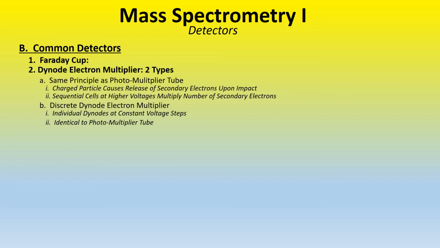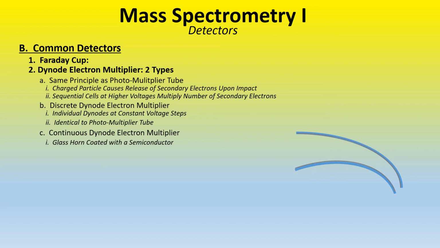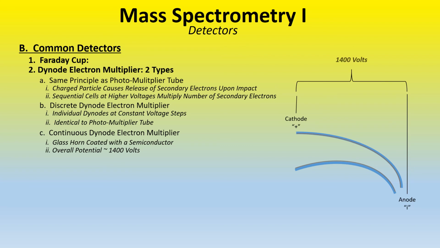More ingenious is something called a continuous dynode electron multiplier. This is made from a glass horn that is coated with a semiconductor. Since you have a semiconductor, in order to have electron movement, you need an extraordinarily high voltage, so this is kept at an overall potential of around 1400 volts.